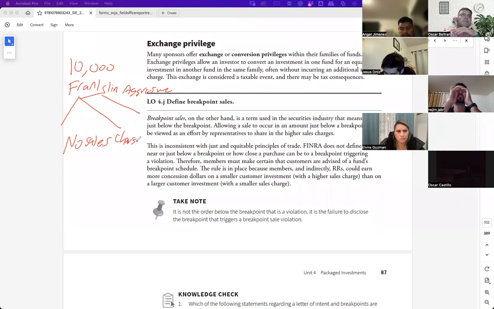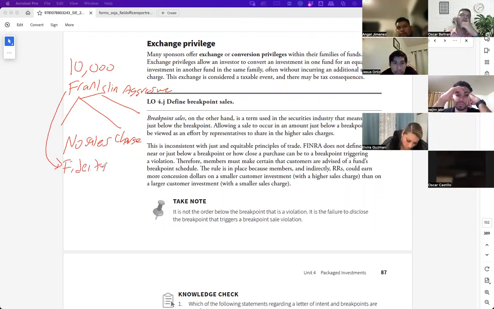No sales charge if you keep within the same fund family. But if the client wants to exchange from Franklin to now Fidelity, they're going to accrue another sales charge. When that happens, that's going to bring another red flag for us here.